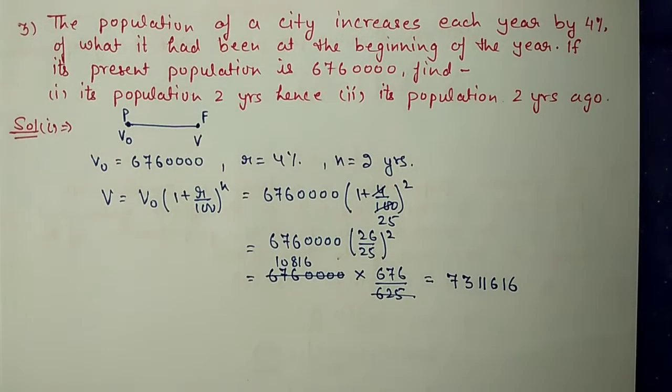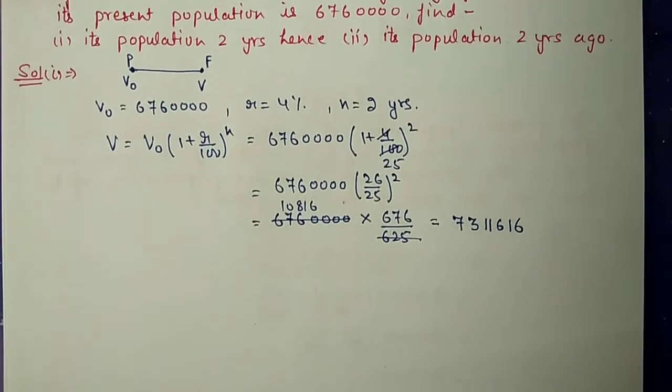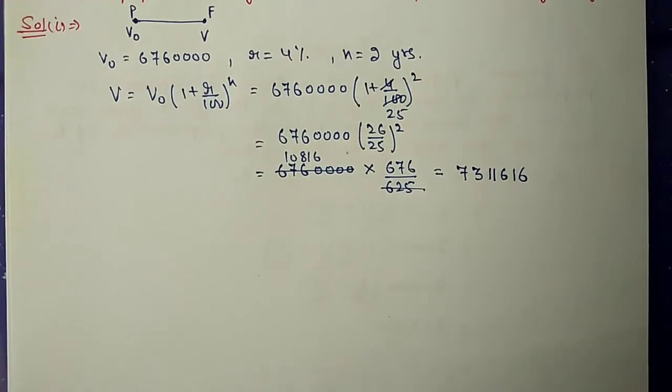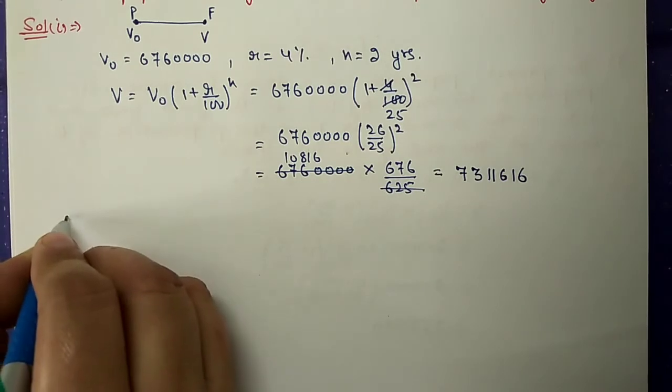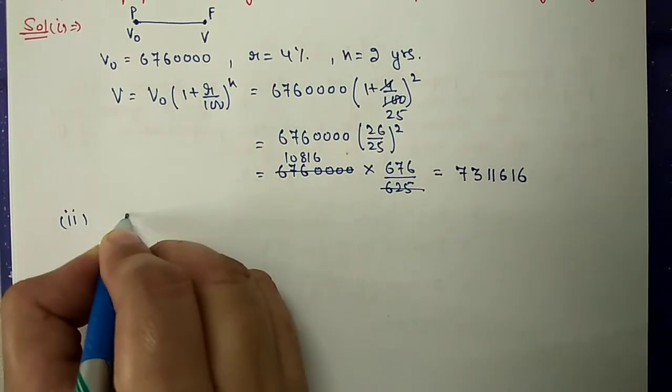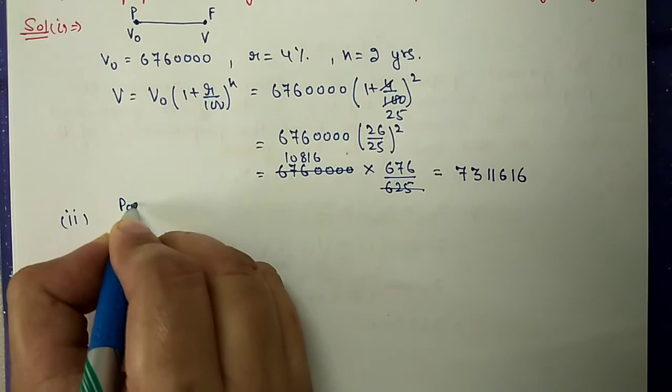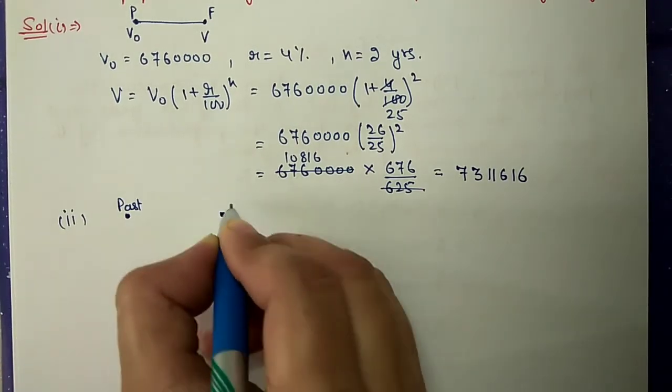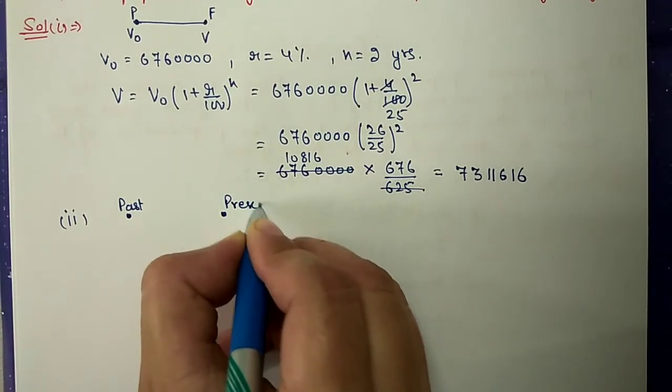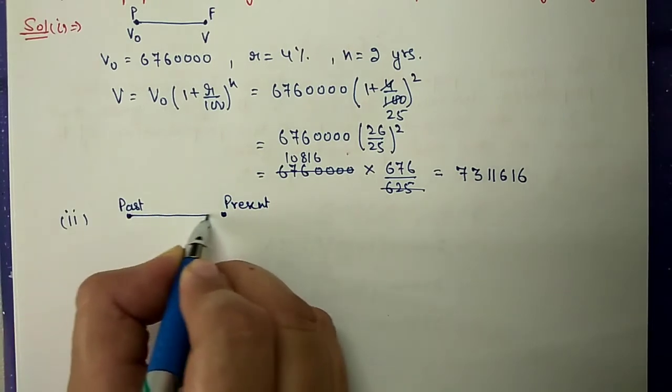Now in the second part we have to find the population 2 years ago, meaning in the past. For past questions, this is the past and from the present you have to start; you have to go 2 years back.